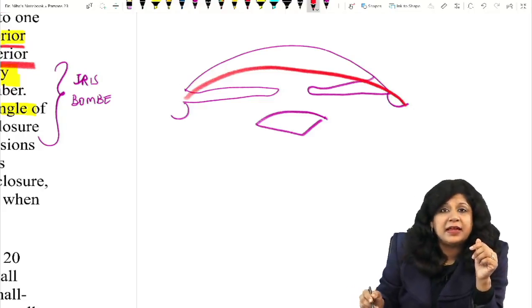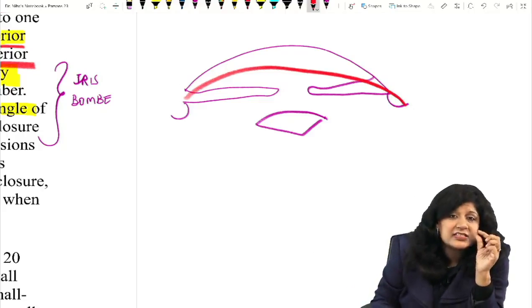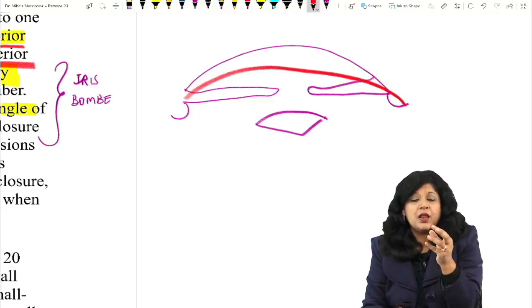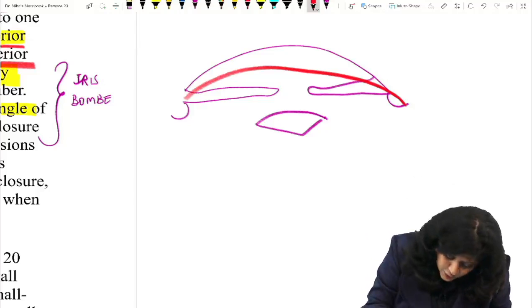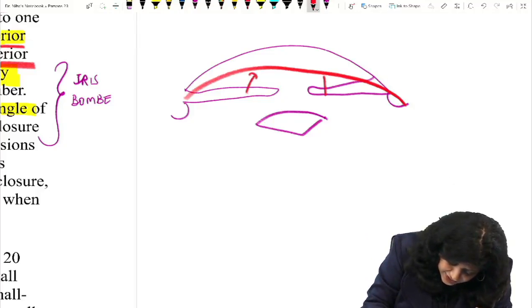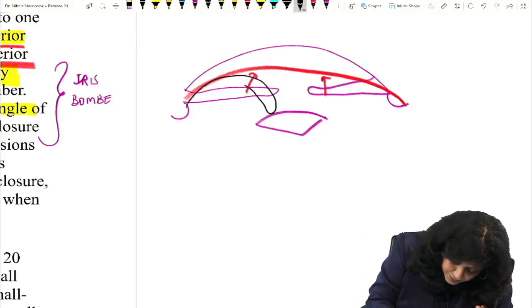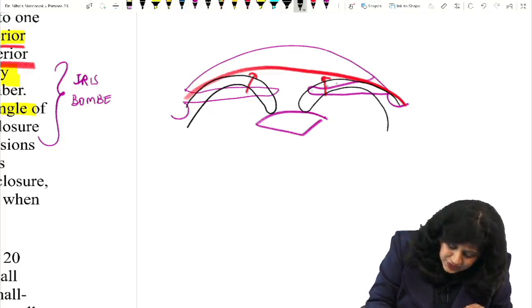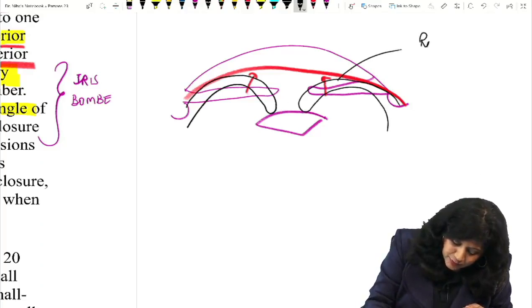If it is very shallow, then with the slightest of changes, suppose there is some dilatation of the pupil or the iris is lax, it goes anteriorly and forms the iris bombé formation, that is ballooning of the iris towards the cornea. So this will again lead to the relative block.